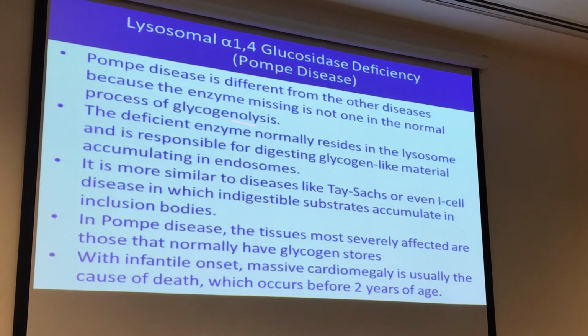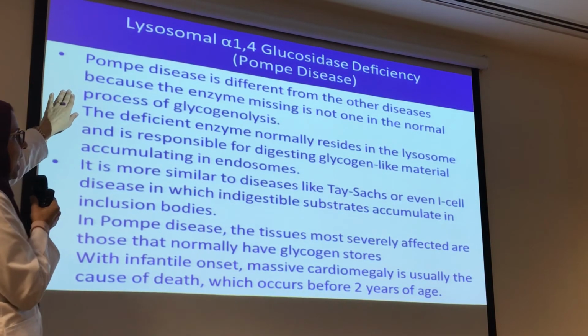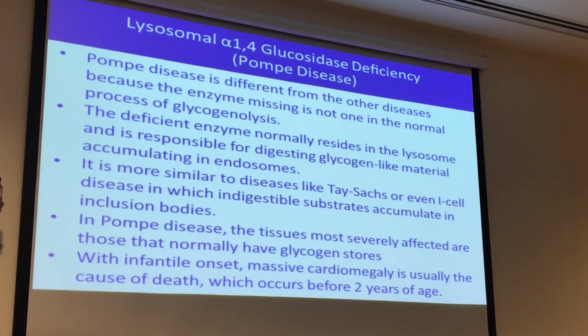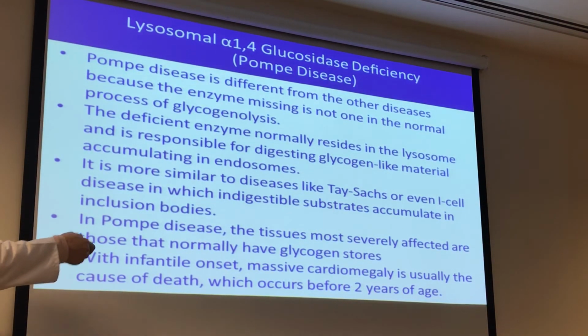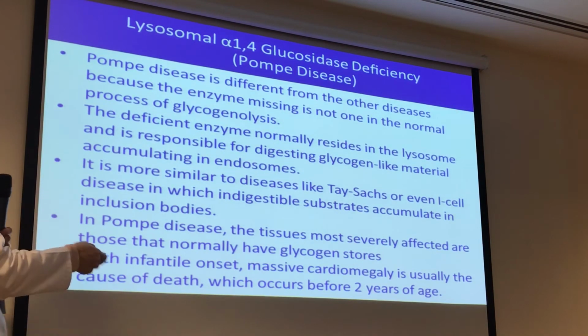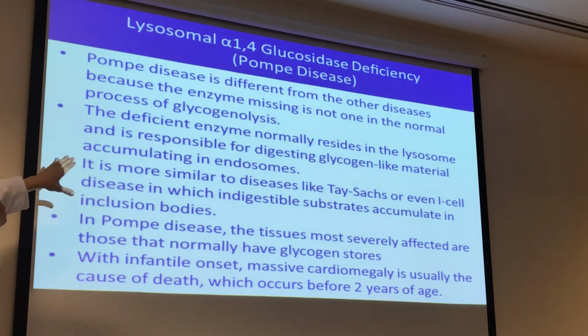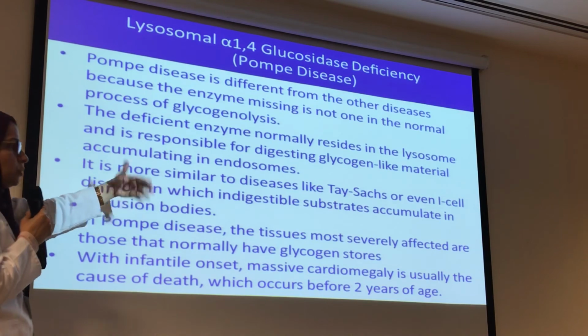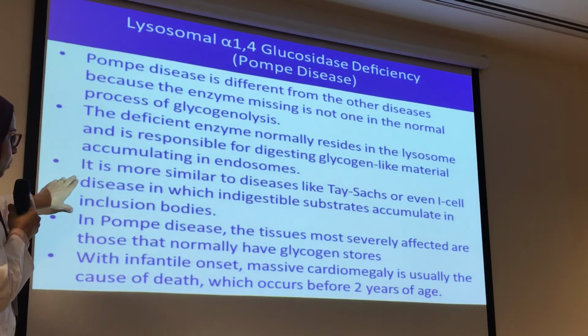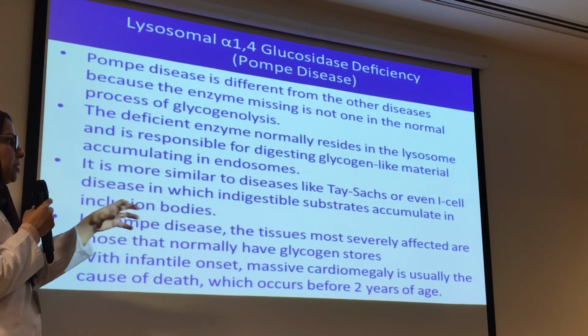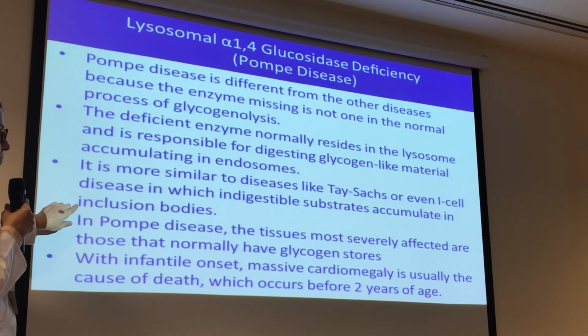So it's different because we don't have an enzyme that is missing from the glycogen metabolism, but the enzyme is inside the lysosome, and it's responsible for digesting glycogen-like material that accumulates in the endosomes. So it is more similar to diseases that you'll study later called Tay-Sachs or I-cell disease, where we have some indigestible material accumulating in inclusion bodies.